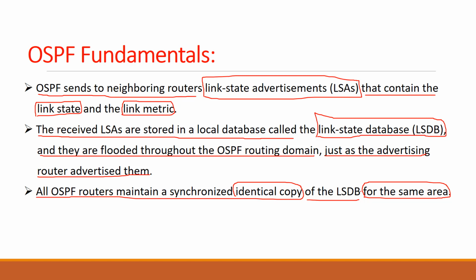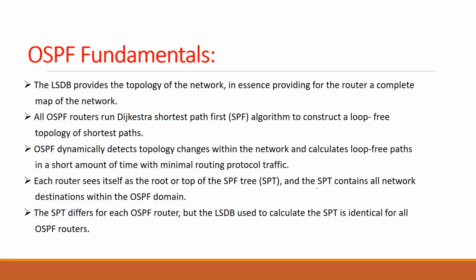In another video we will discuss how OSPF works with different areas, but for the purpose of this demonstration we are talking about the same area. The link state database provides the topology of the network, in a sense providing the router a complete map of the network.